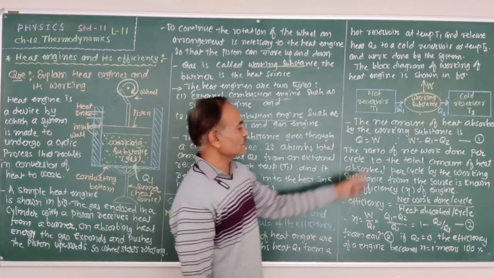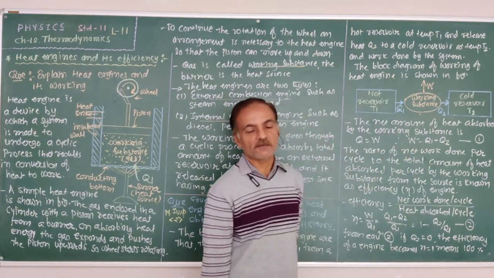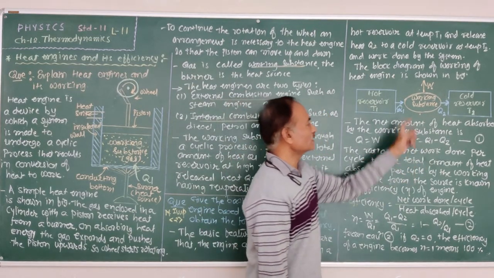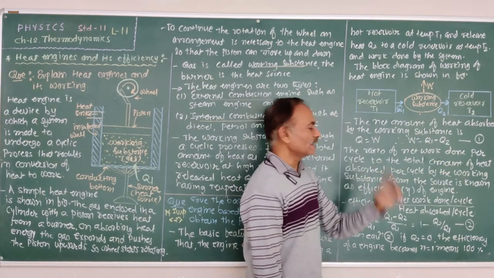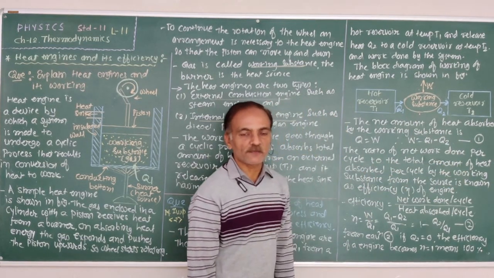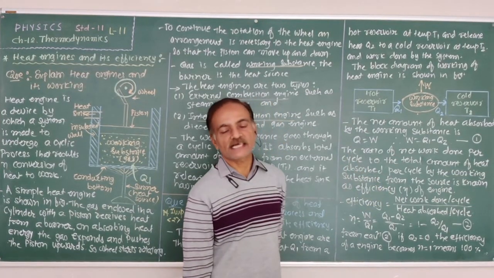Now, what is the equation of the efficiency? The ratio of net work done per cycle to the total amount of heat absorbed per cycle by the working substance from the hot reservoir is known as the efficiency.